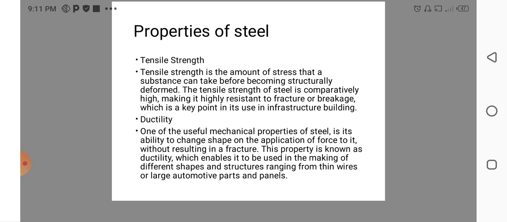Now the second one is ductility. One of the useful mechanical properties of steel is its ability to change shape on application of forces without resulting in a fracture. I have already said that mild steel has good ductility property, so it can change shape on application of forces.